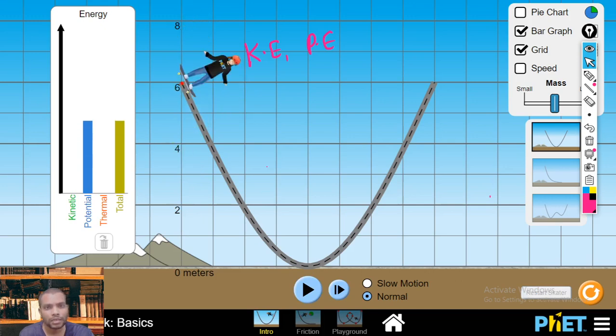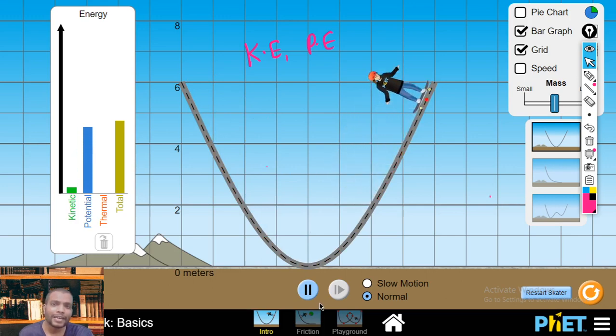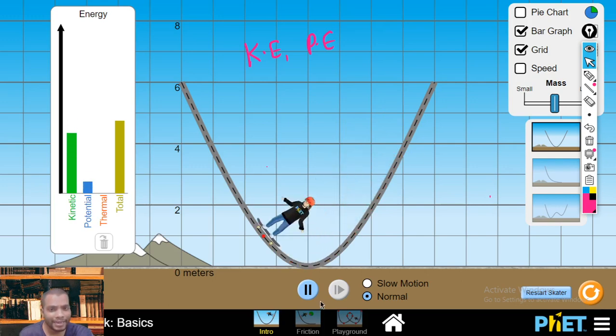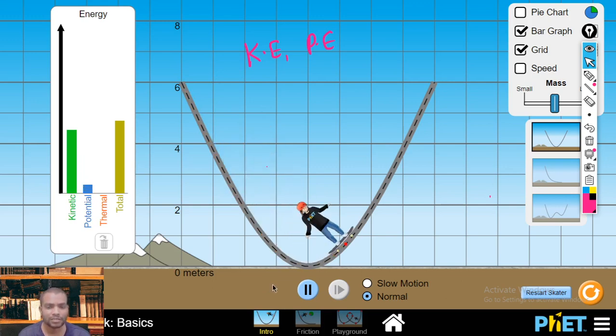Now when I play, his potential energy is converting into kinetic energy, and again he reaches the other side, reaching the same height. So he has the same potential energy again. Here the velocity, the motion, causes kinetic energy. That kinetic energy is caused by the potential energy.